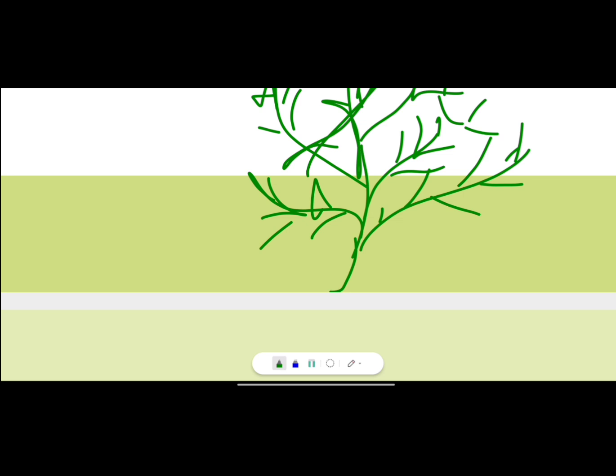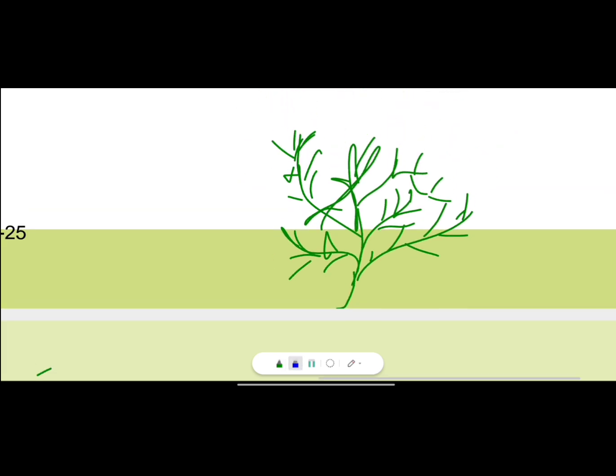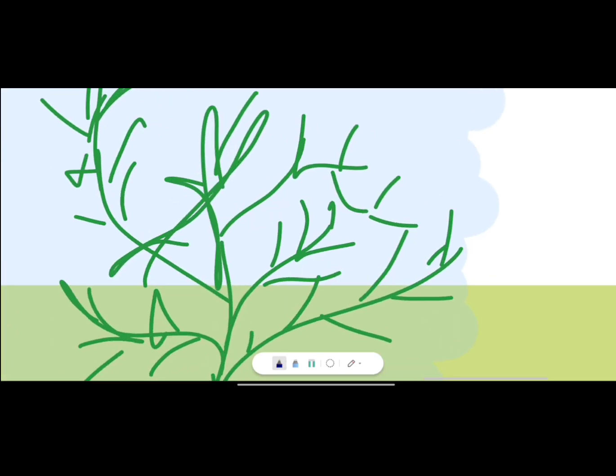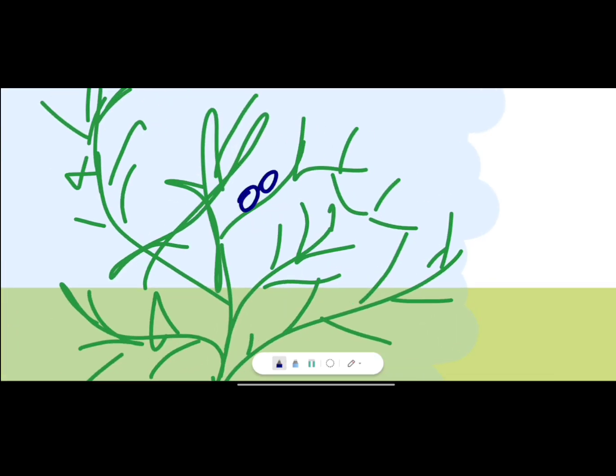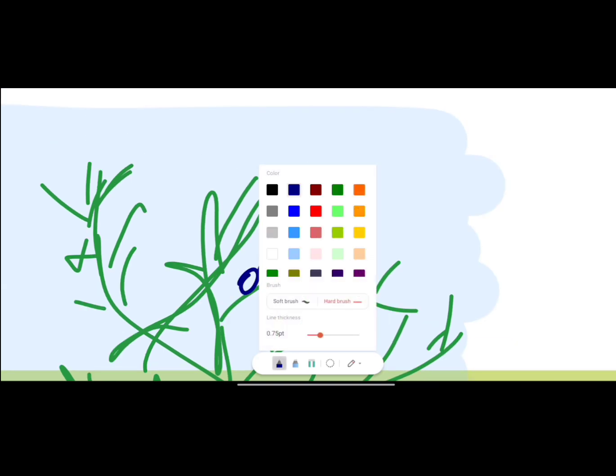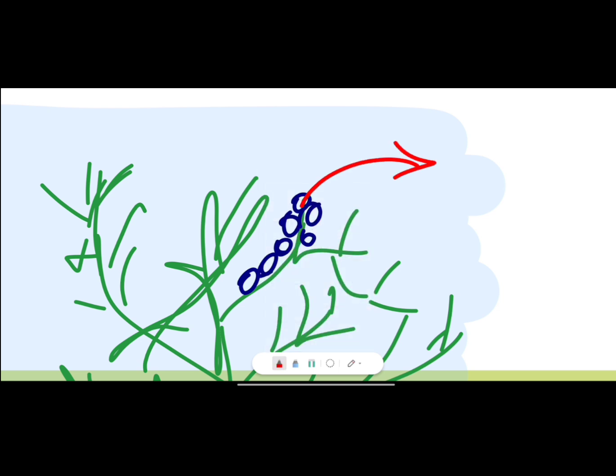As it is placed inside water, small bubbles will be seen around the green parts, and these bubbles are nothing but O2.